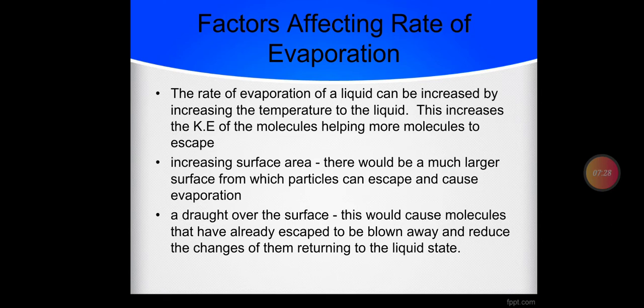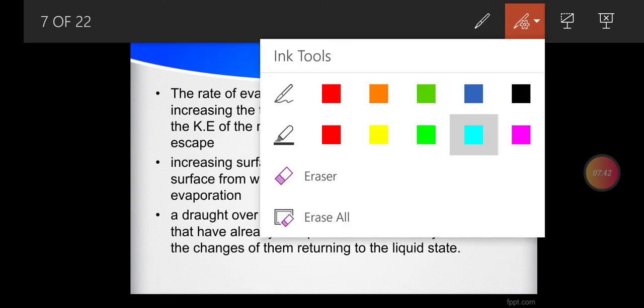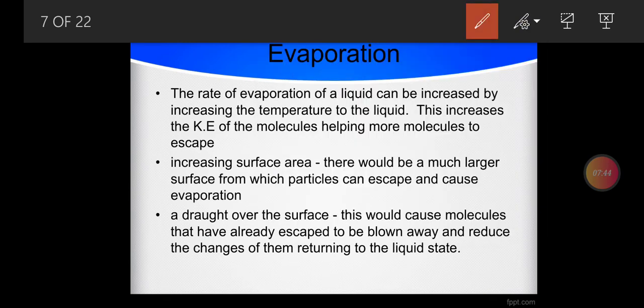All right, let's talk about the factors affecting the rate of evaporation. The rate of evaporation of a liquid can be increased by increasing the temperature of the liquid. This increases the kinetic energy of the molecules, which helps the molecules escape the surface.